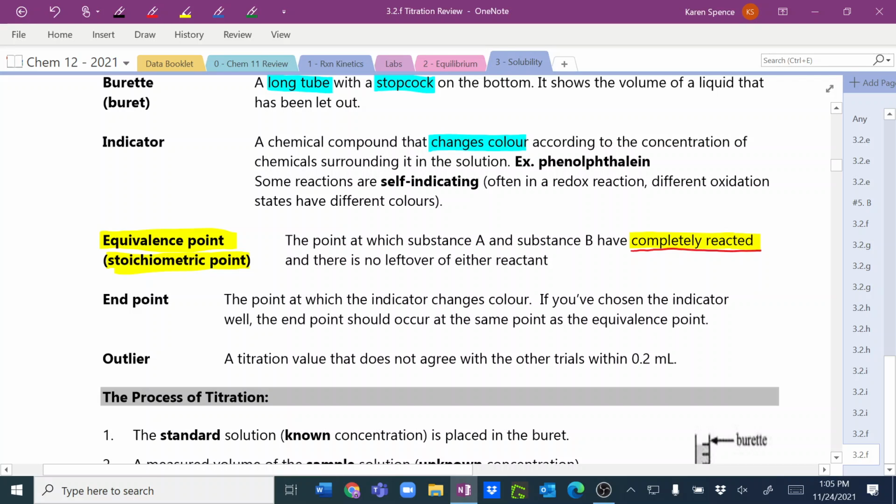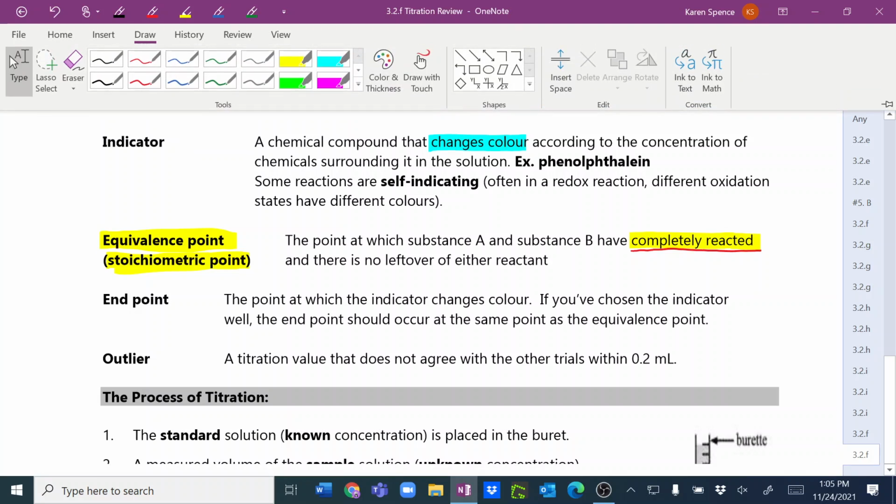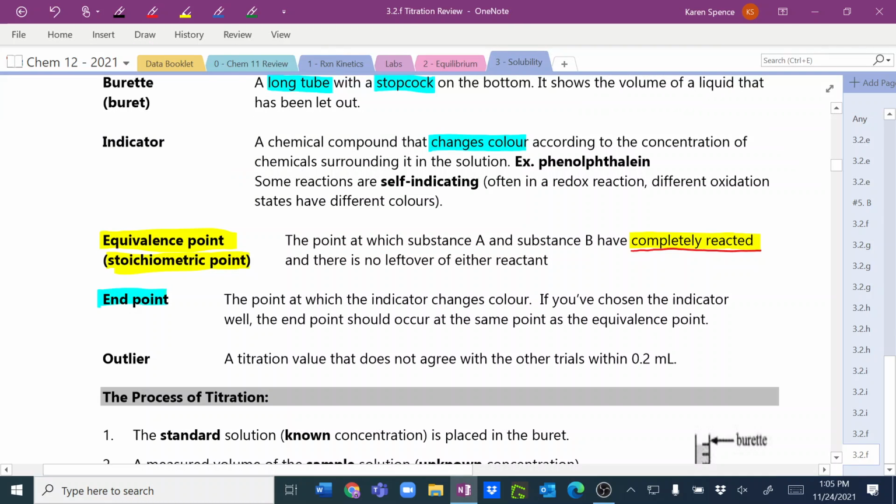The end point, which is the other kind of point, has to do with the indicator, and it's when the indicator changes color. It is possible to choose an indicator that will change color before you get to the equivalence point.